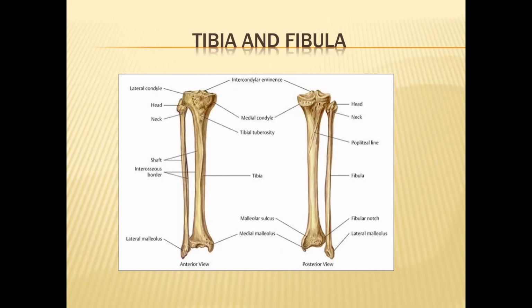In fractures of the tibia and fibula, there are some red flags we should take care of, because these fractures are mostly due to high velocity trauma, like RTA, or a fall from a height. These patients may have an open or closed fracture, and there is a high risk of neurovascular injuries and compartment syndrome.